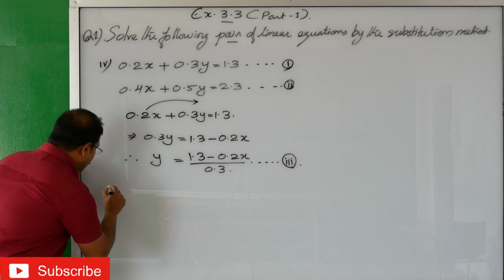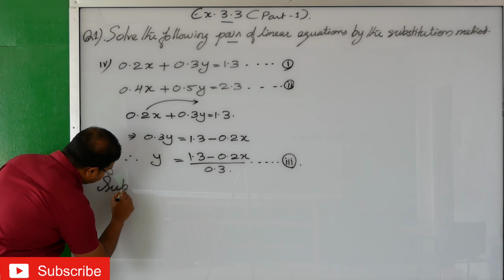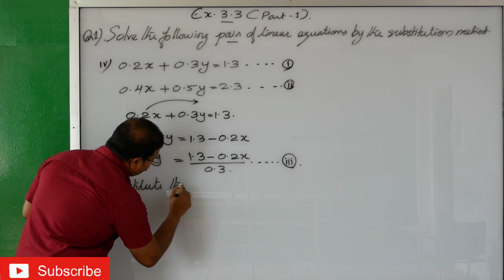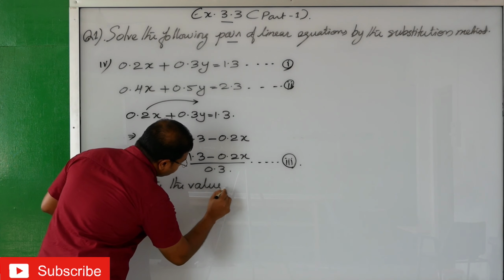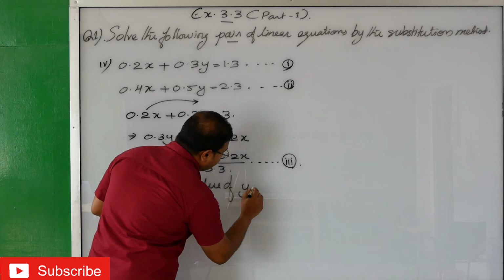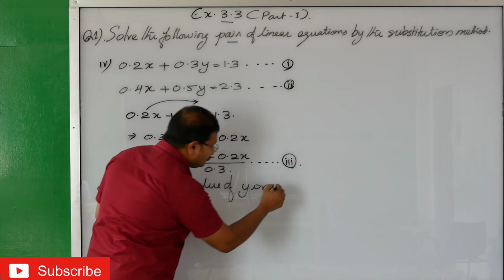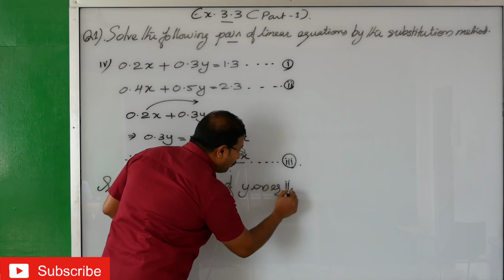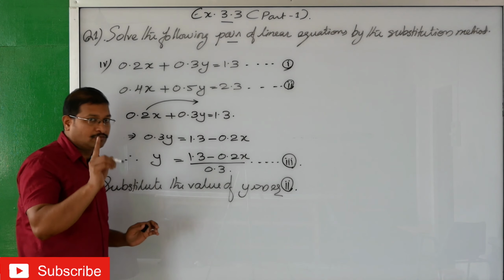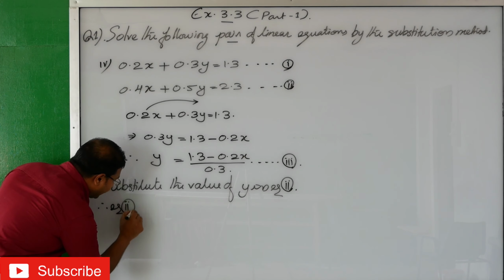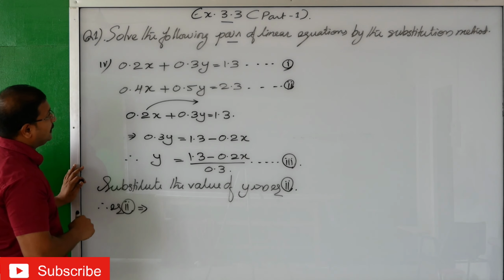Now, substitute the value of y in equation 2. We are taking from 1, we will put into the second equation. Ready? Therefore, equation 2 implies, what is the second equation?